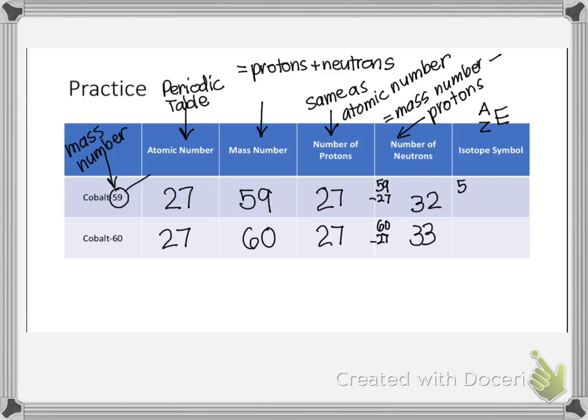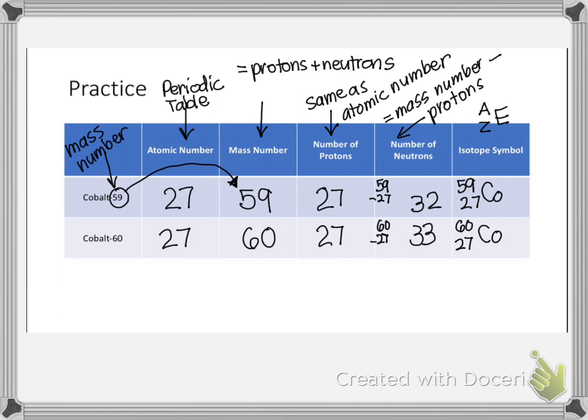It's this number right here. I did it right on the other parts, just not that one. So 59 would be the top, atomic number of 27, and then the symbol Co. And then the second one would be 60, 27, and Co.